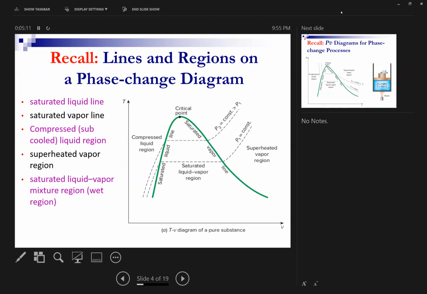All right, let's review a little bit what we learned previously. Previously, we discussed the phase change process, and we began our discussion with a very, very simple process, an isobaric process. And with a simple experiment that you can do in the house, we drew the T-v diagram for water. How did we do that? We just simply conducted heating of water in a piston cylinder under constant pressure, right?